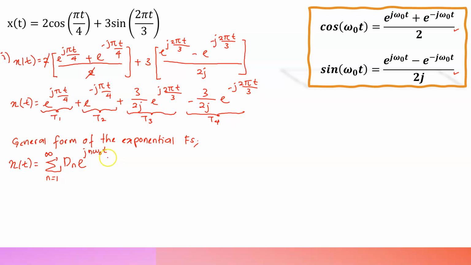So the next step that we have to do is to determine ω0, which is the radial frequency of x(t).